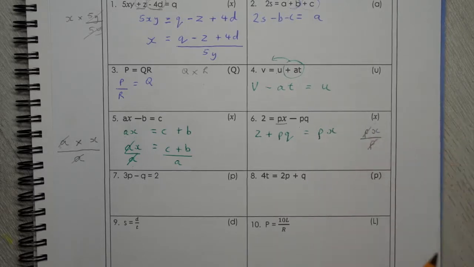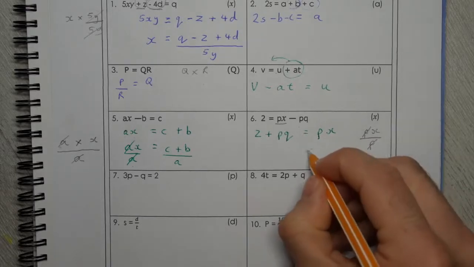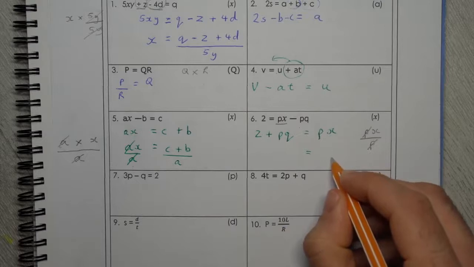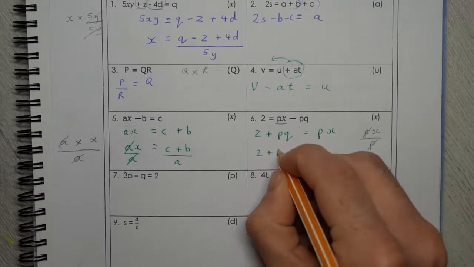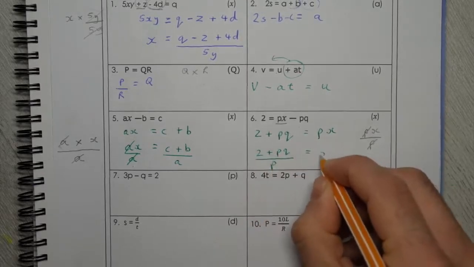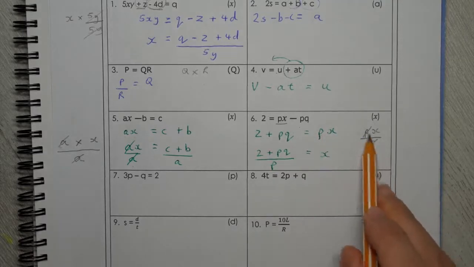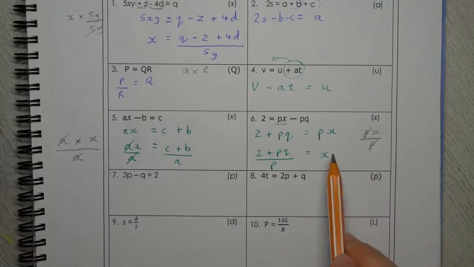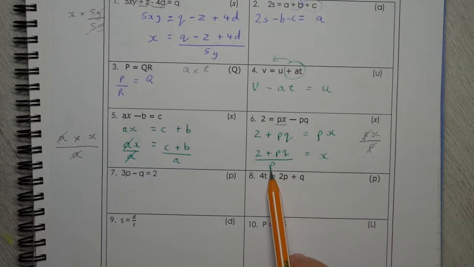And we're going to simplify them, cancel each other out. But what we do on this side, we have to do it also on the other side. So 2 plus pq all over p is equal to x, because p's have cancelled out each other. Remember, what we do on one side, we have to do it on the other side. Okay?